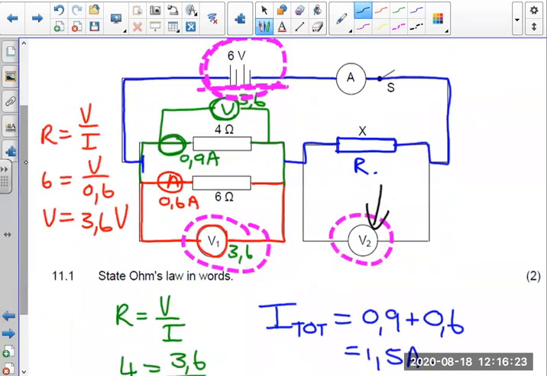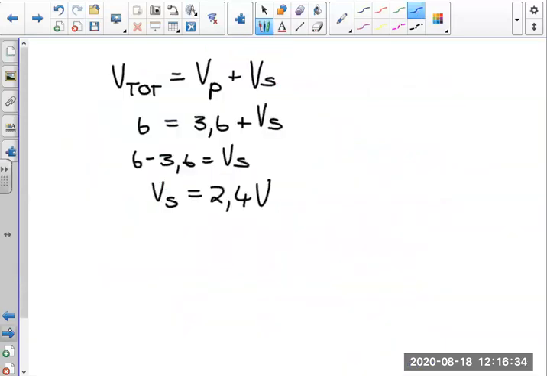So if I have an ammeter reading here, it will be 1.5 amps. Okay, so I have the voltage, I have the current, I can work out the resistance. So I can say R equals V over I. Okay, the voltage is 2.4. The current is the total current in the circuit, which was, what was it?